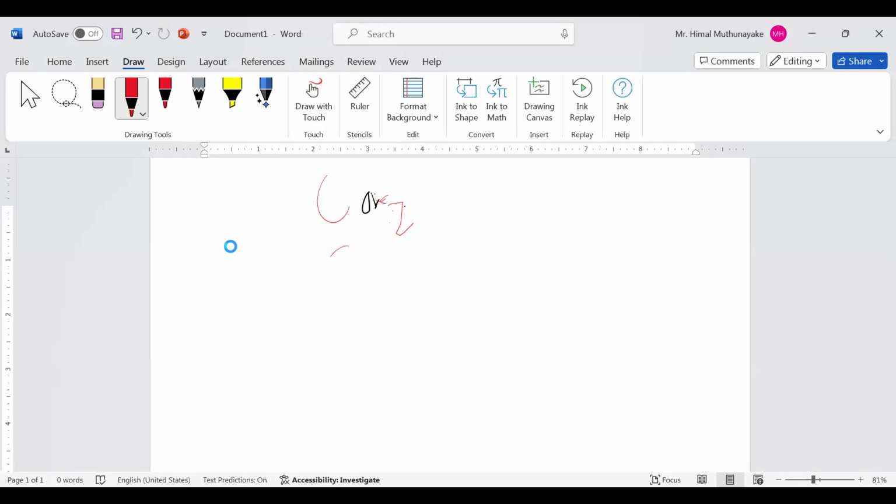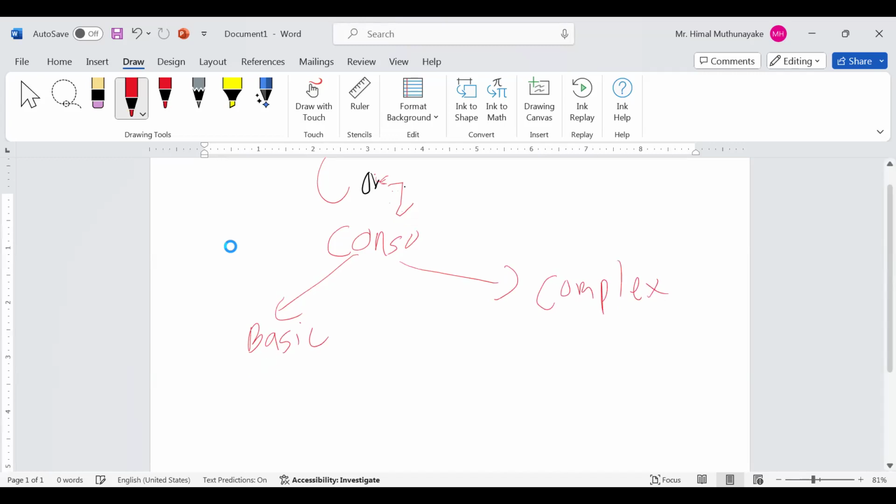When it comes to consolidation, we can divide it into two, right? We have completed the basic consolidation, and today what we are going to do is the complex group consolidation, right?